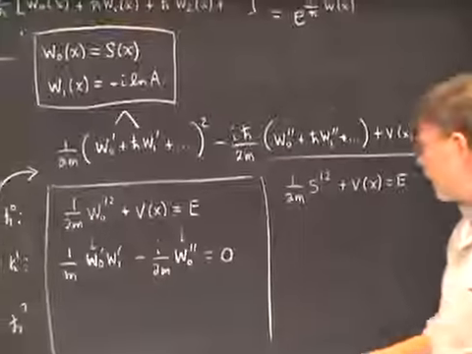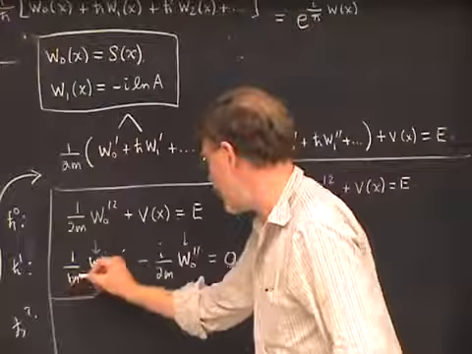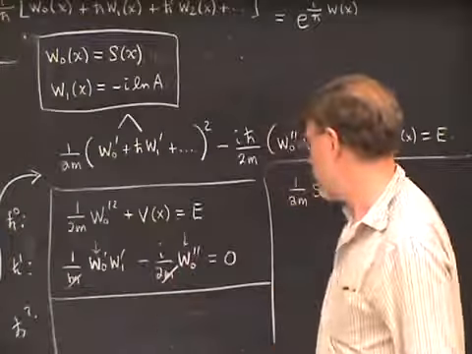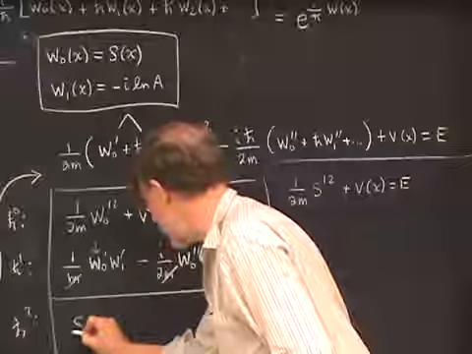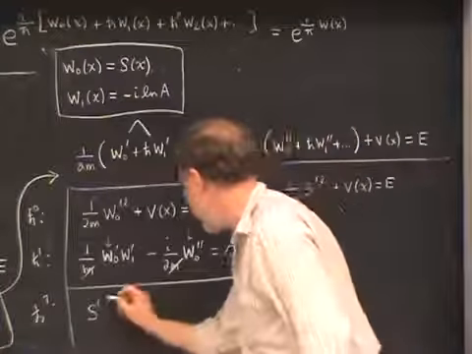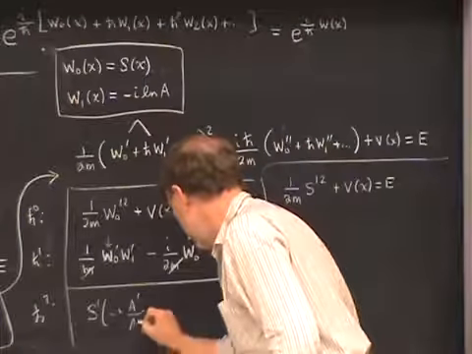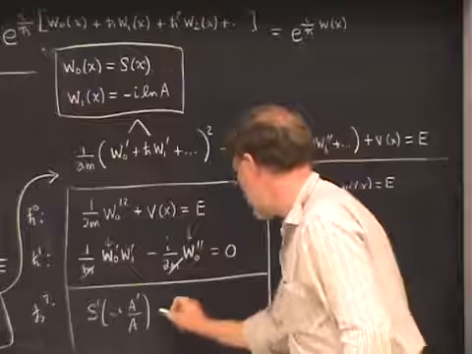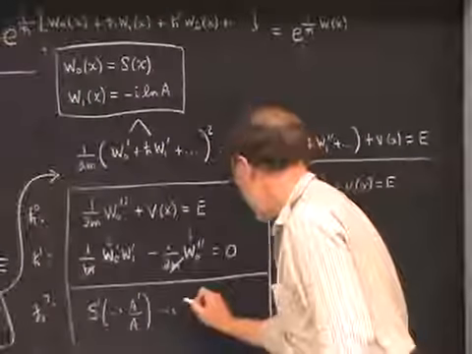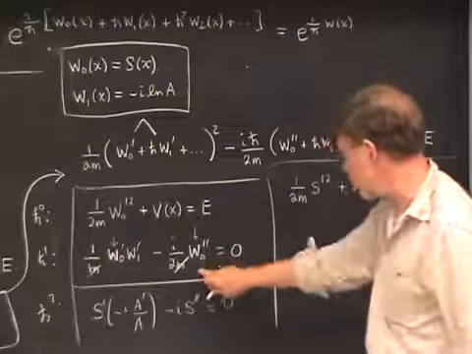And for the second equation, let me do some algebra on that. First of all, the m's will cancel, as you see here. So the w0 prime becomes s prime. The w1 prime, since w1 is minus i log a, this becomes minus i times a prime divided by a. And then the second term is minus i times s double prime over 2, and that whole thing is equal to 0, because w0 is s.